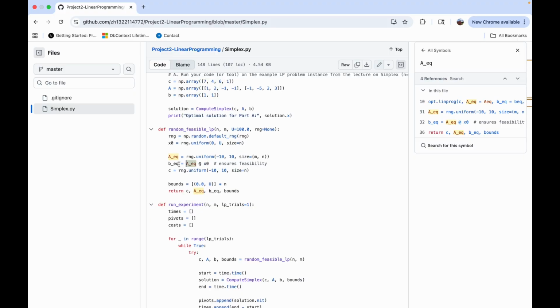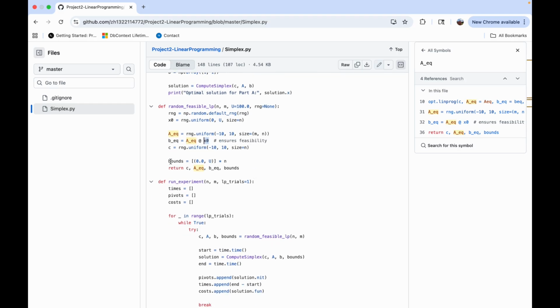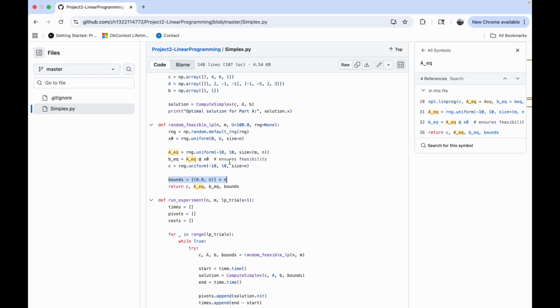So given BEQ and AEQ, it's guaranteed that we will have at least one feasible solution, which is X0. We also add bounds to our LP problem because for some LP problems, the cost can get as small as we want if it's unbounded. So we add bounds here to guarantee that it will always return a best solution.